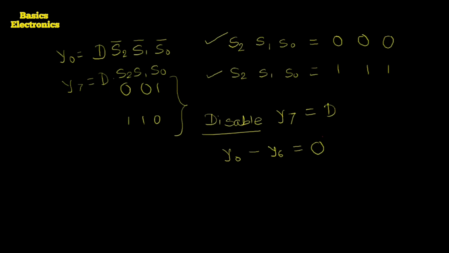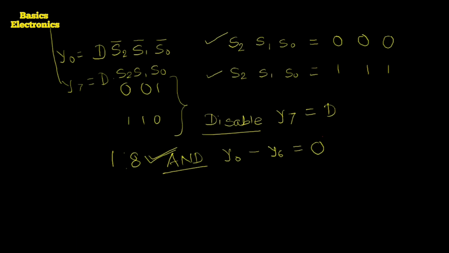Three things you have to keep in mind for the construction of the 1-line to 8-line demultiplexer. For the construction, you require to use 8 AND gates. How many AND gates? 8 AND gates.